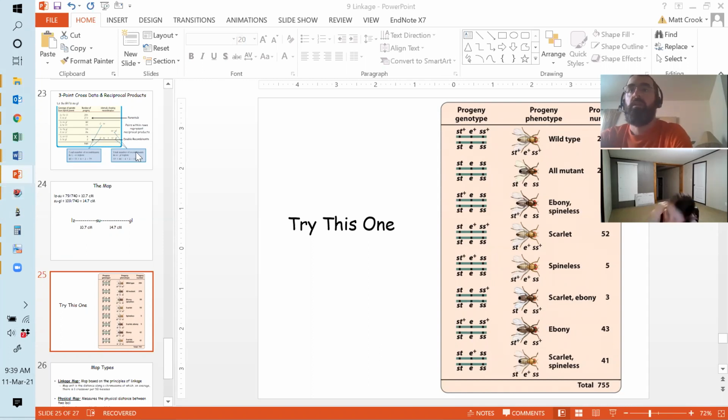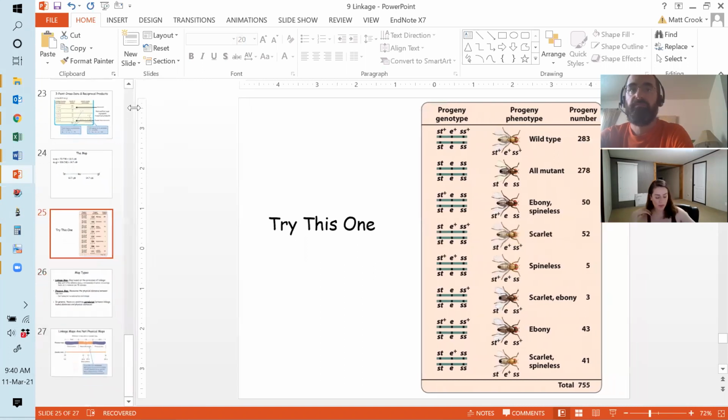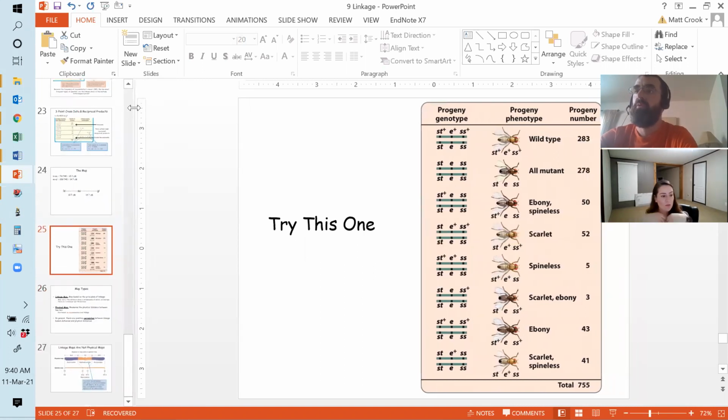So let me move this over here. Which you prefer really just depends on your own personal proclivities and your own strengths and weaknesses. Quite often people are either big picture mathematical type geneticists or small picture molecules and proteins type geneticists.